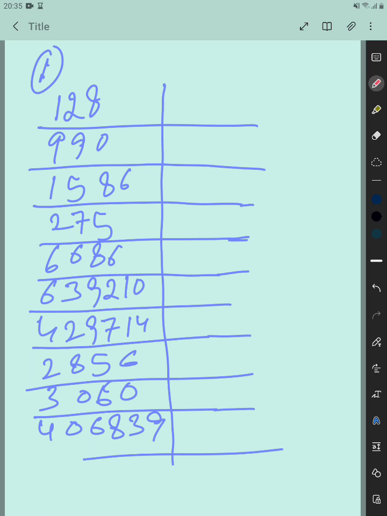You need to draw the complete table and then write one by one. First of all we'll start with 2.